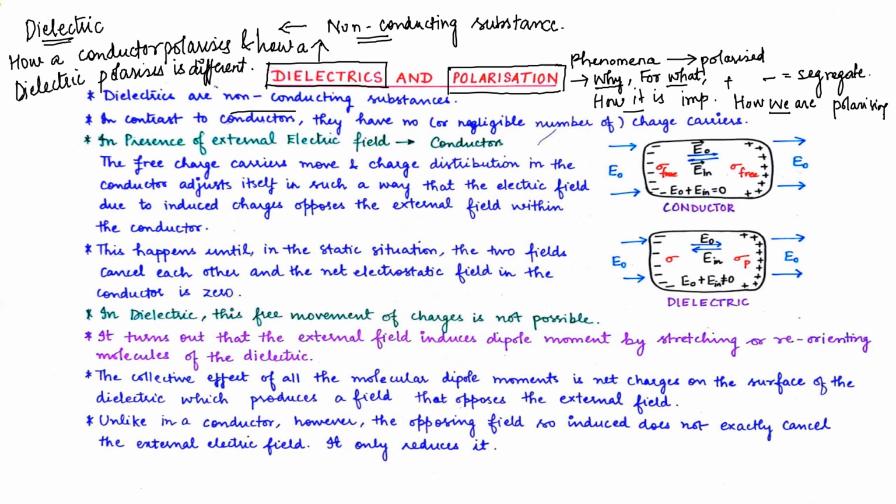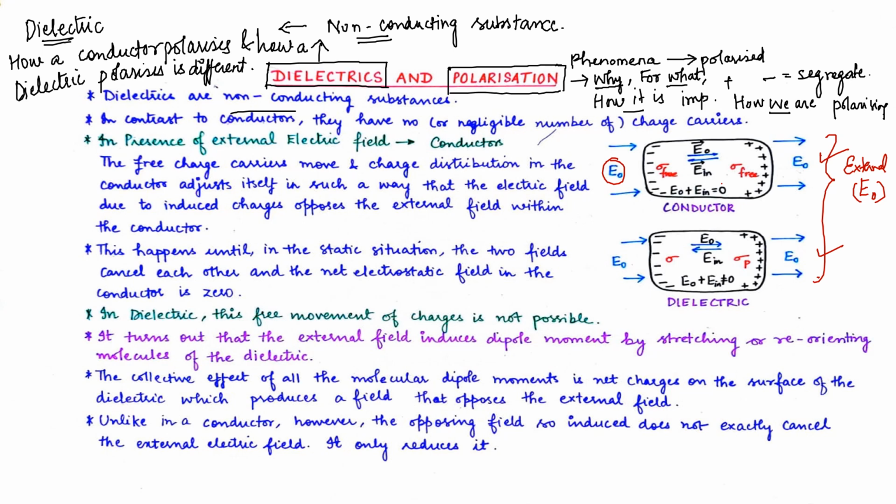So coming to the diagram, kindly pay attention to the diagram over here. In this given electric field, this is the externally provided electric field to this conductor and to this dielectric, that is E naught, and we will see how this externally provided electric field plays a role in the conductor and in the dielectric.